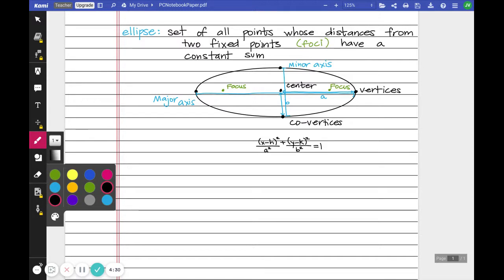And then for the second one, I'm going to do the same thing, but I'm going to switch it. I'm going to put B under x and A under y. In both cases, we set it equal to 1.